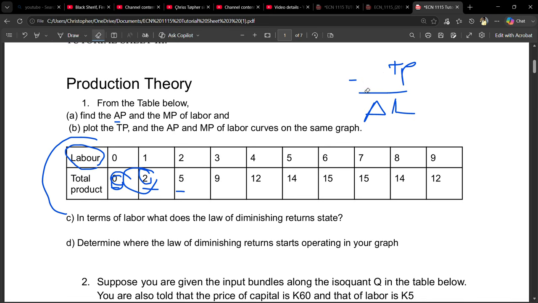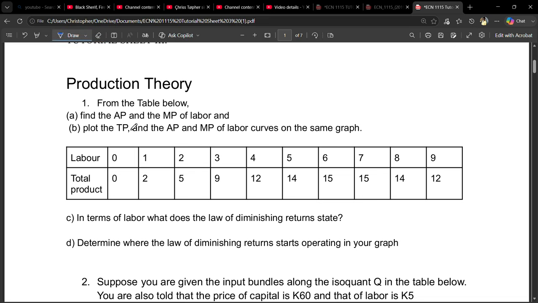You go on to the second part, where you're asked to plot on the same graph. After you've found everything that we were asked, average product and marginal product, total product we already have, and labor we already have. How do you plot this on the same graph?